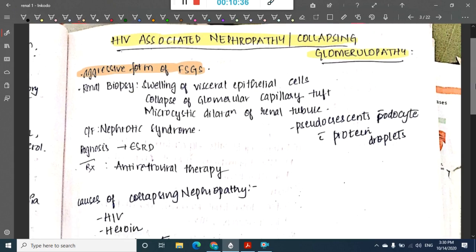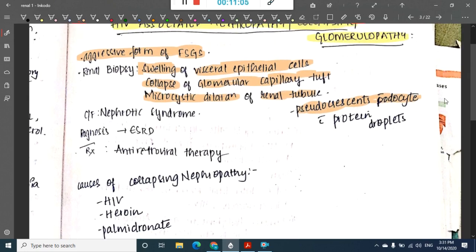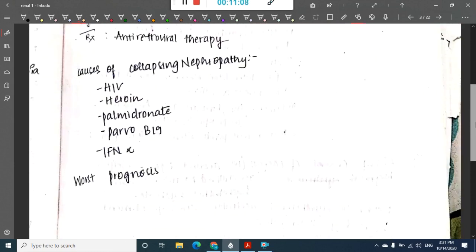In HIV associated nephropathy, you will see swelling of visceral epithelial cells in biopsy, collapse of the glomerular tuft, and microcystic dilatation of renal tubules. Sometimes there is also pseudocrescent with podocytes. This progresses to end stage renal disease, so here we should give antiretroviral therapy. I'll show you the picture in a minute.